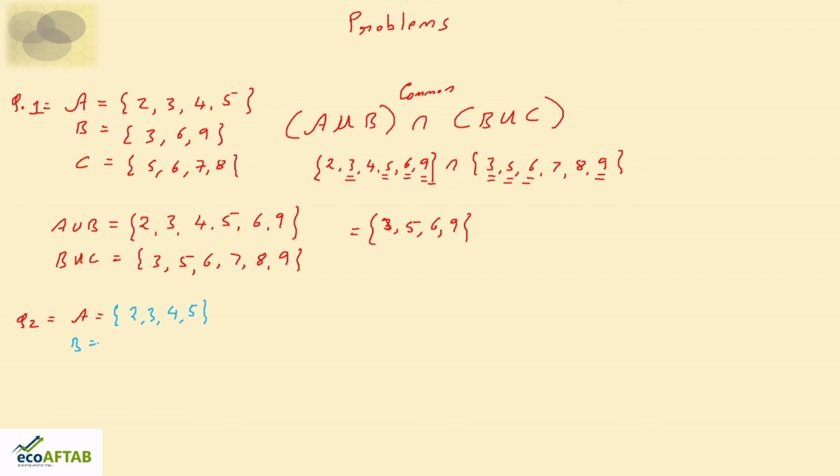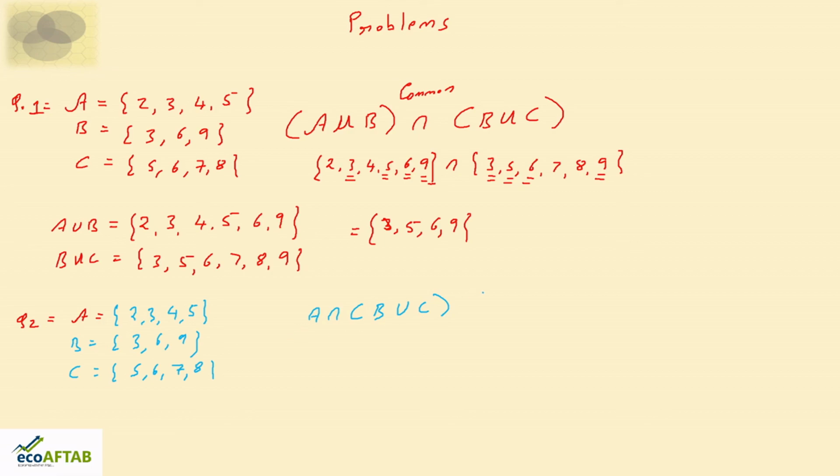Set B has 3, 6, and set C has 5, 6, 7, 8. Now the question is, find out A intersection B union C.